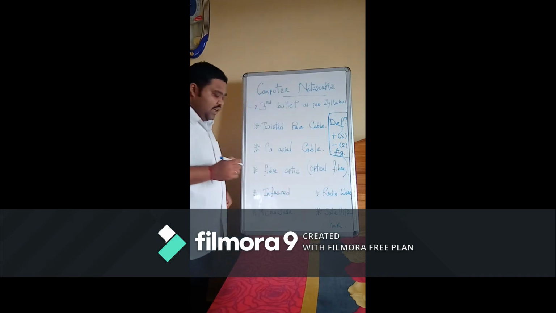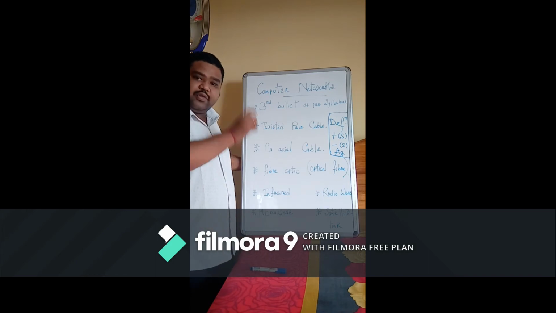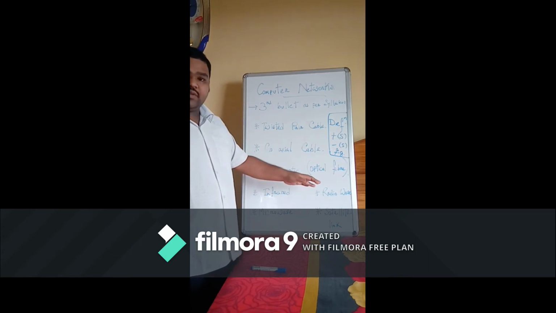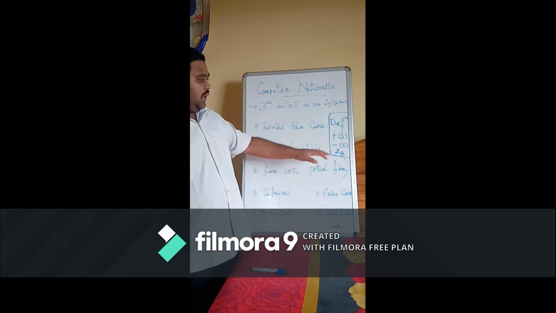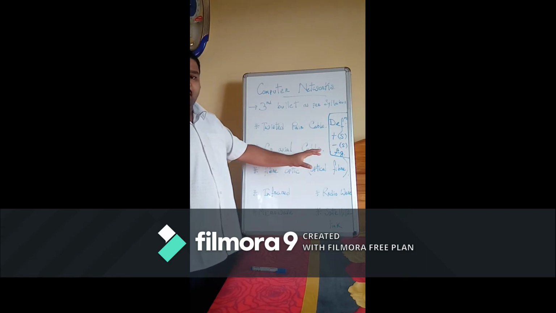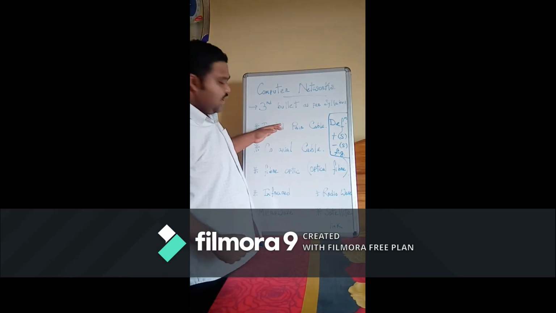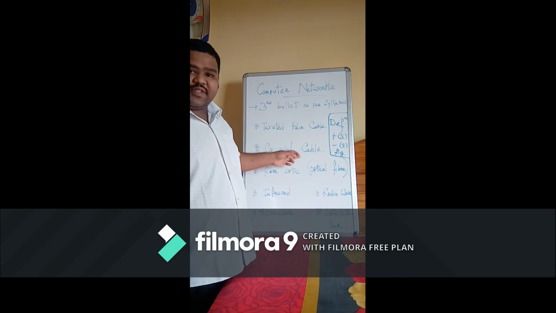In this PDF I will provide you the PDF notes of all this computer networks unit. In that PDF you will get the proper diagram also, so you can draw it if required, depending upon the marks. Here communication is better than twisted pair cables, but it is a bit expensive.